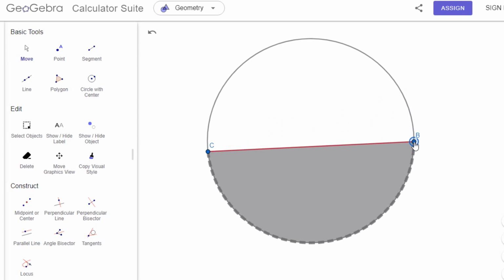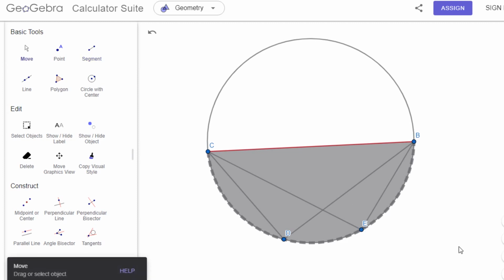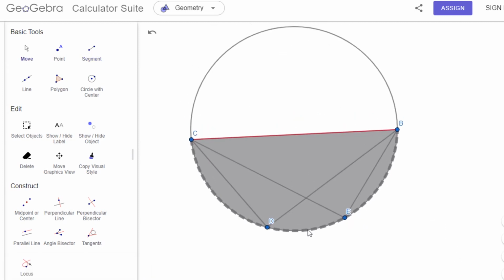So now the theorem is saying that the angles formed in the same segment are equal. So let us create some angles. As you can see, let us add this angle like so. Then let us add another angle like so. As you can see, these angles are in the same segment. Then we are going to measure them.